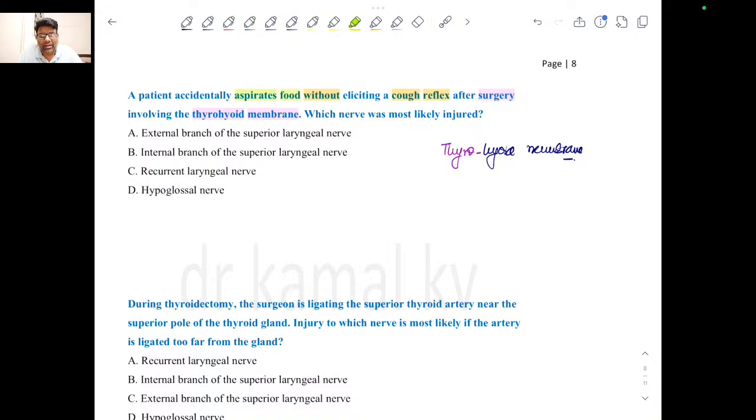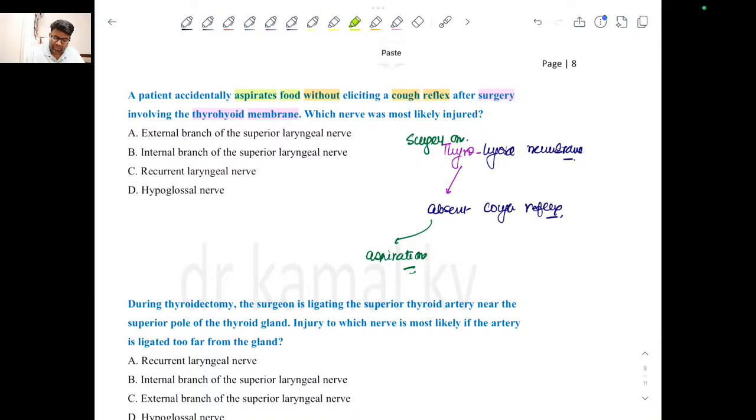Thyro is thyroid cartilage, hyoid bone. So after surgery on thyroid membrane, there is absent cough reflex, and if the cough reflex is absent, it means high chances of aspiration. So which nerve is paralyzed now?